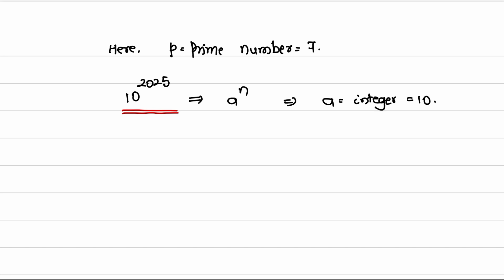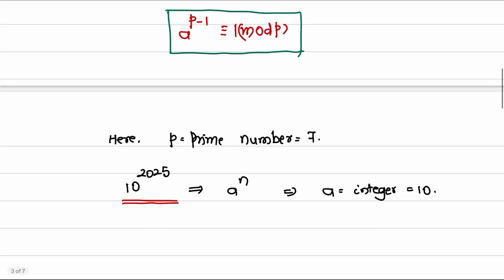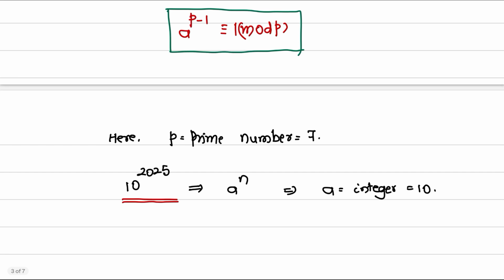Then, from Fermat's theorem, a is 10, p is the prime number 7, so 10 to the power of 7 minus 1, p minus 1, is equivalent to 1 modulo 7.